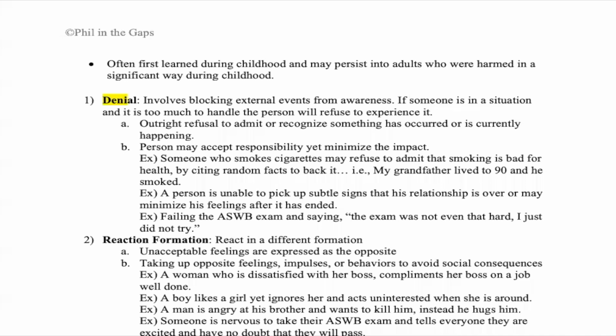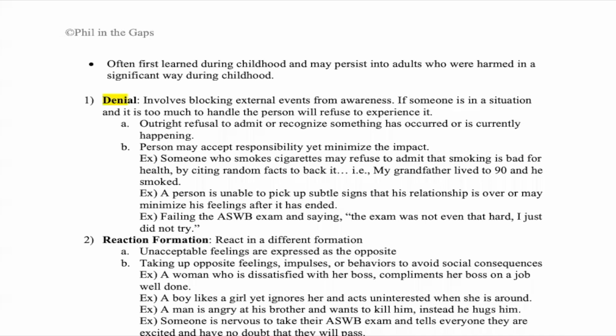So, stated in a different way, it could be outright refusal to admit or recognize something has occurred or is currently happening in some way, shape, or form. Because again, if you're not putting focus on something, you may not actually fully understand or even want to fully understand the capacity of what is actually happening or the magnitude of the impacts of your behaviors or the behaviors of other individuals.